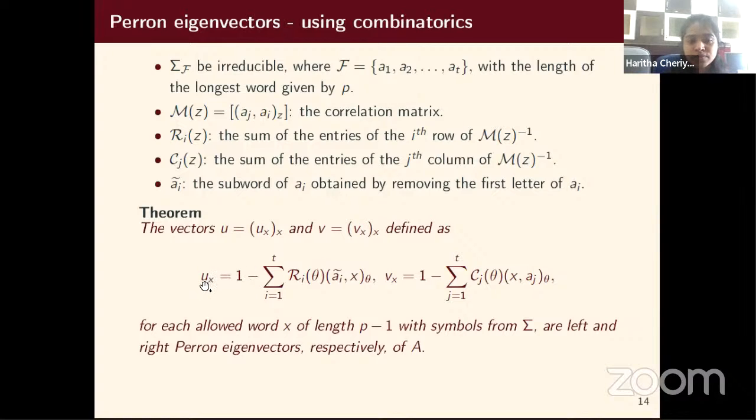We prove that these vectors u and v are the right and left Parry eigenvectors respectively of A. Moreover, if theta is greater than 1, then this normalization factor u transpose v is given by theta raised to p minus 1 times 1 plus s prime of theta.